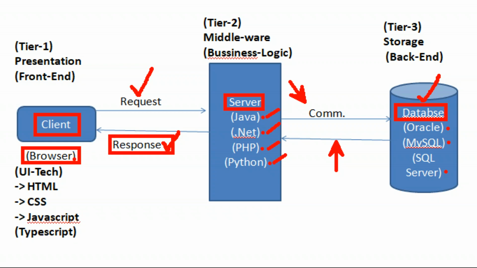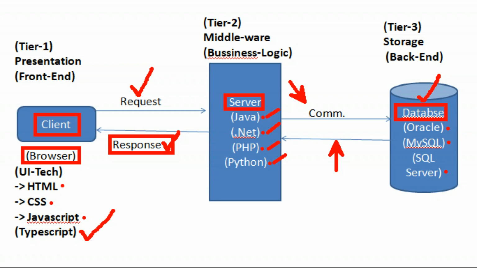And in the client browser, you can see that response as a web page. This web page is designed using HTML, CSS, JavaScript, and now we are going to use TypeScript also.